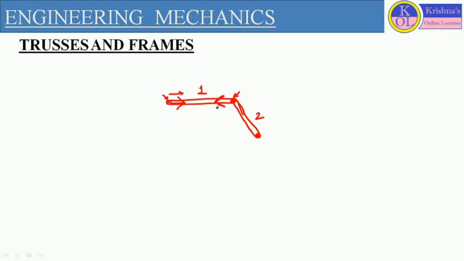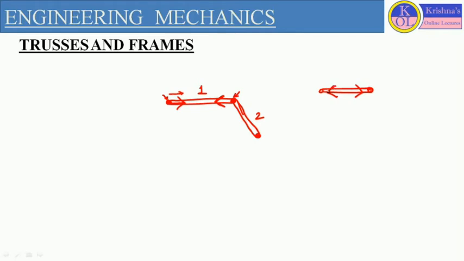That is why it is called a two-way force member. And here, the load is in the form of tensile load from the end of the bar. It is stretching the end. So it is called tensile loading on the member or on the bar.